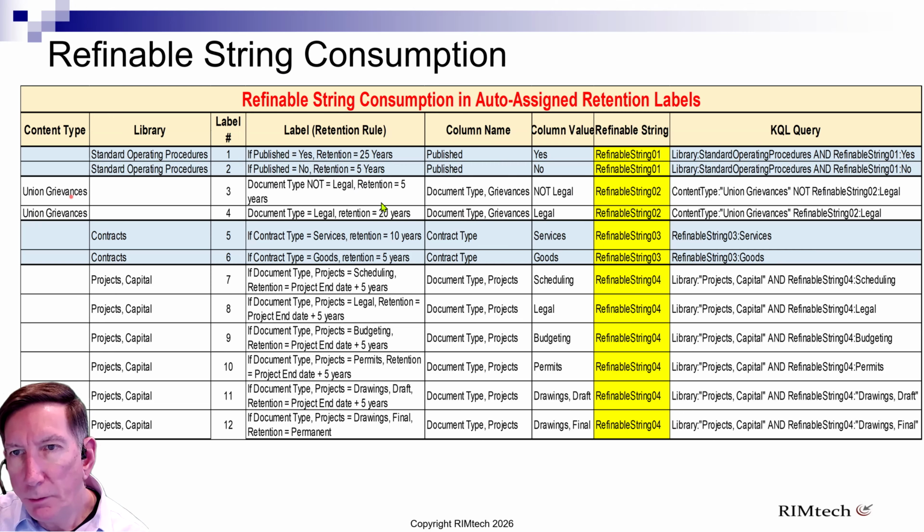Now I went on to union grievances. I had a column called document type. Well, document type is a different column. So I had to map that to a different refinable string, which I called refinable string 2. So now I've consumed 2 refinable strings. So I keep going, keep going, keep going. And I found out that pretty much every library I need to build a new refinable string. Here's the rub.